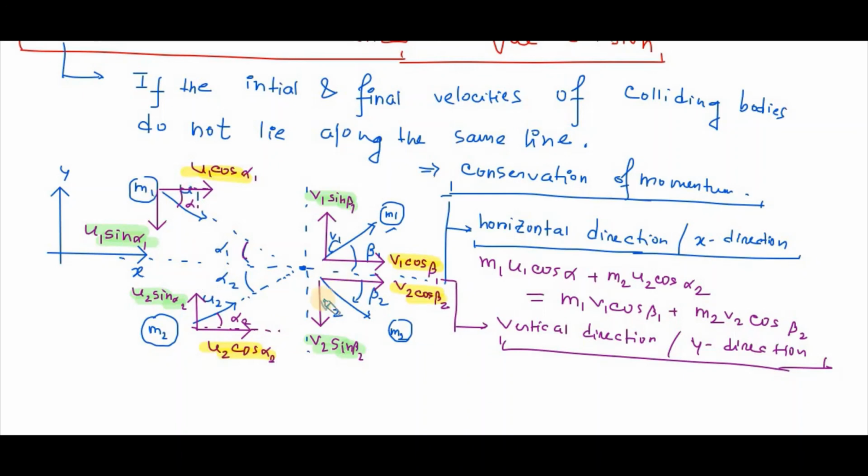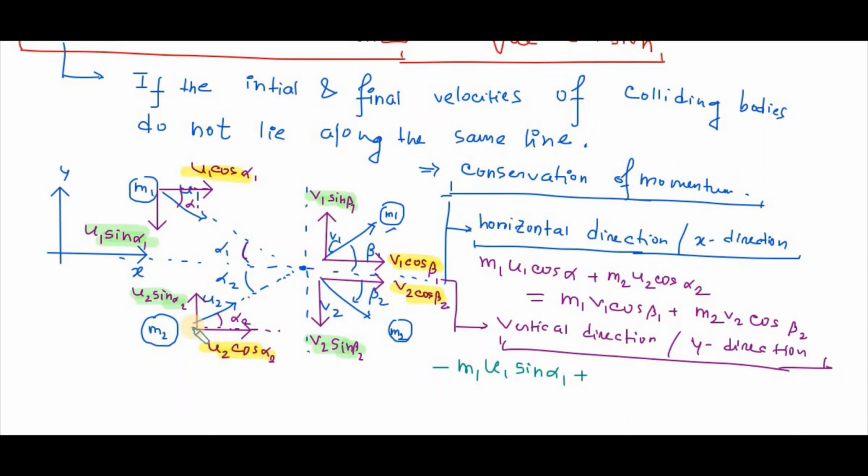Now let's gather all those components. For the first object, the y-directional or vertical component of velocity is u1 sin alpha 1 times the mass m1. But since it is moving in the downward direction, we consider the negative sign here. We have to consider directions as well, since momentum is a vector quantity.